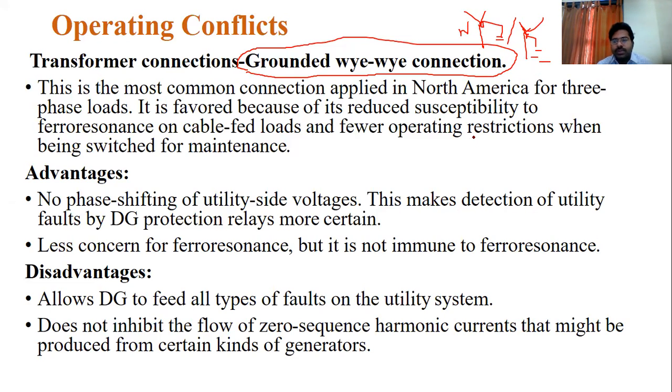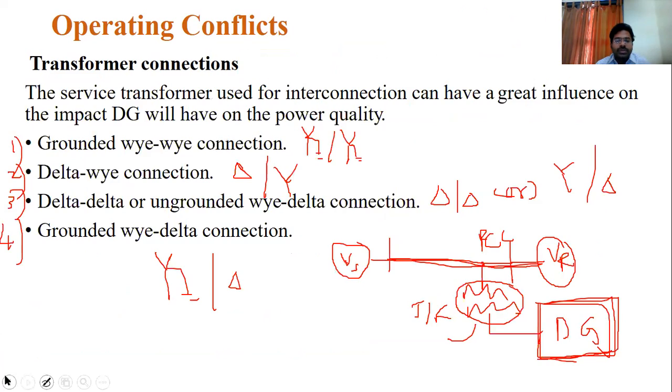This is the most common type of connection, whether you connect three-phase loads to some transformer connections. You know the meaning of these symbols. This is the primary side, and this is the secondary side.